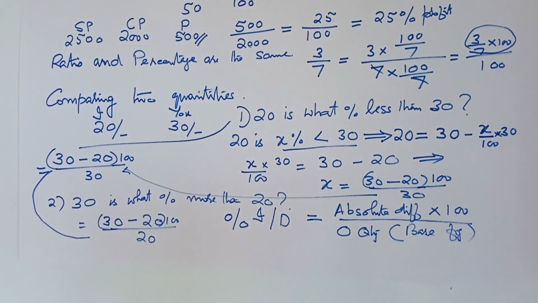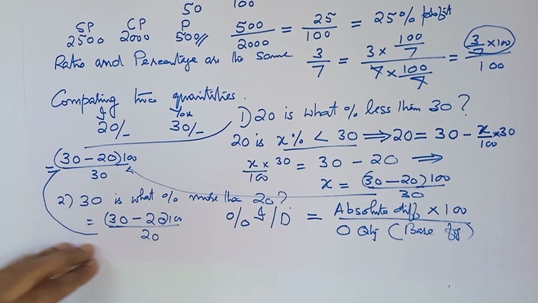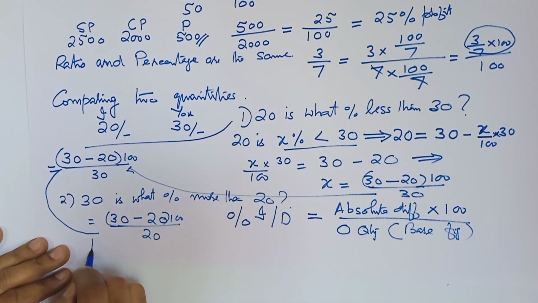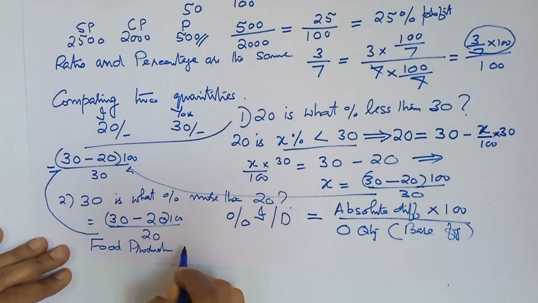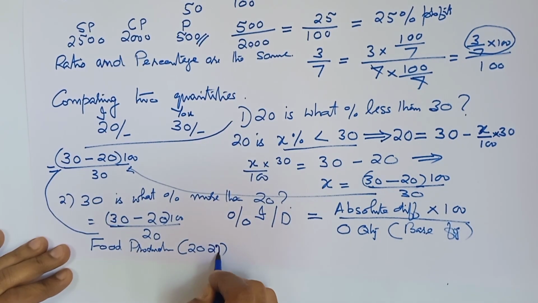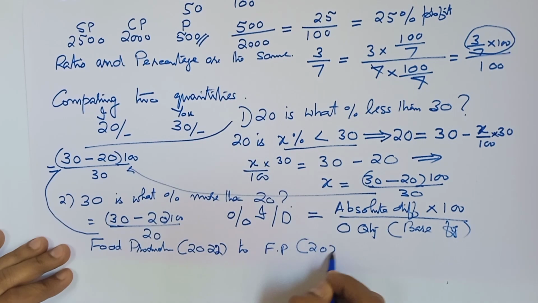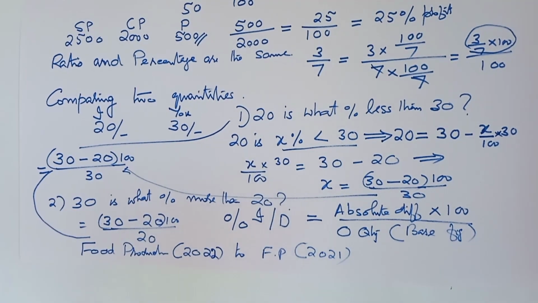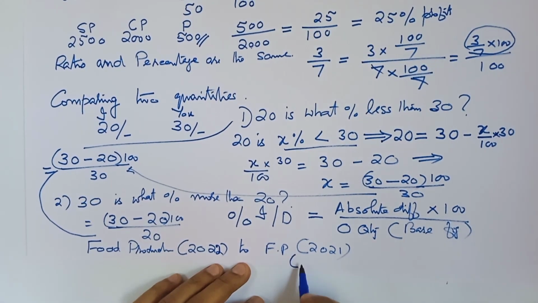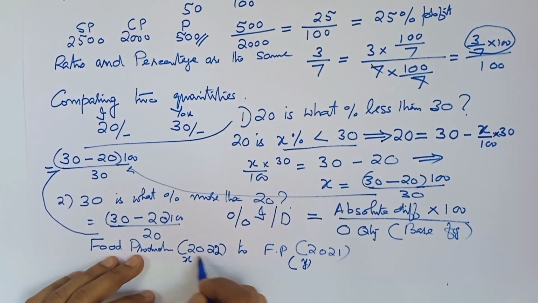Supposing you are comparing any two quantities. Supposing you are comparing the food production of India in 2022 to food production, say in 2021. So certainly you will have two figures. Here you will have some figure, let it be Y. Here you will have some figure that will be given to you.